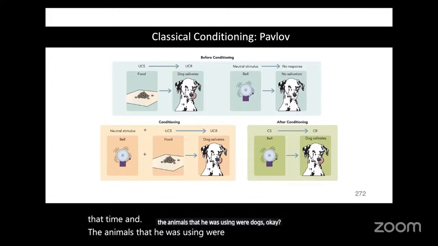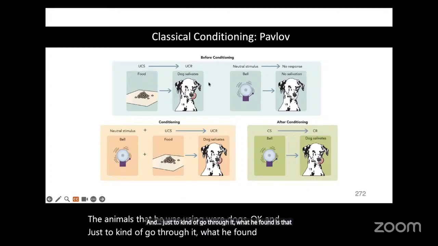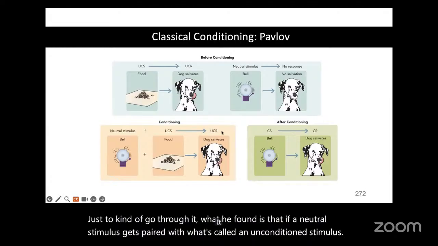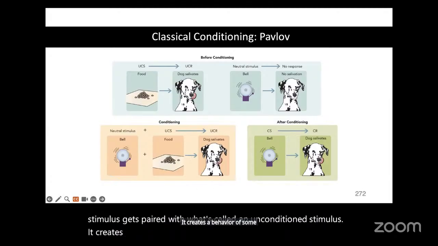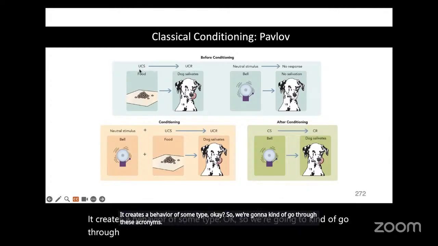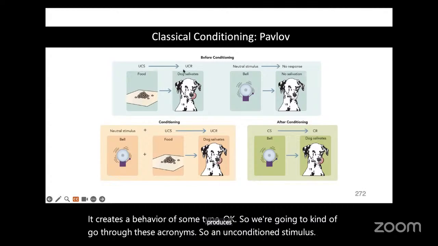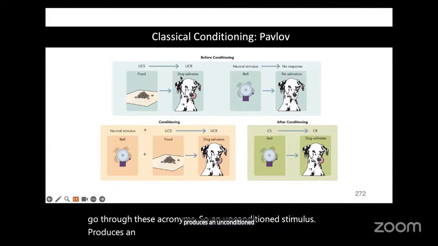Okay. And just to go through it, what he found is that if a neutral stimulus gets paired with what's called an unconditioned stimulus, it creates a behavior of some type. So we're going to go through these acronyms. An unconditioned stimulus produces an unconditioned response in an animal.